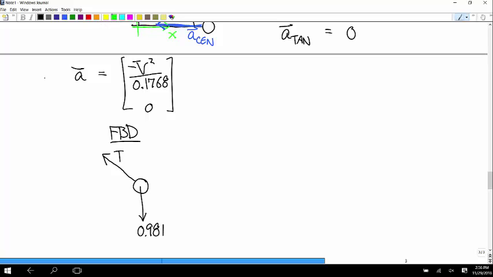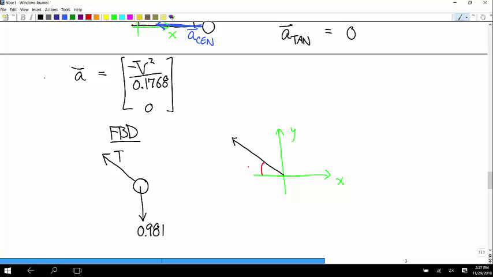And so now let's think about the components of this. Well, the magnitude is positive. A negative is just a direction. So it's a magnitude of 0.981 in the negative y direction, so the y component is negative. All right, so here's our coordinate system. There's the force.